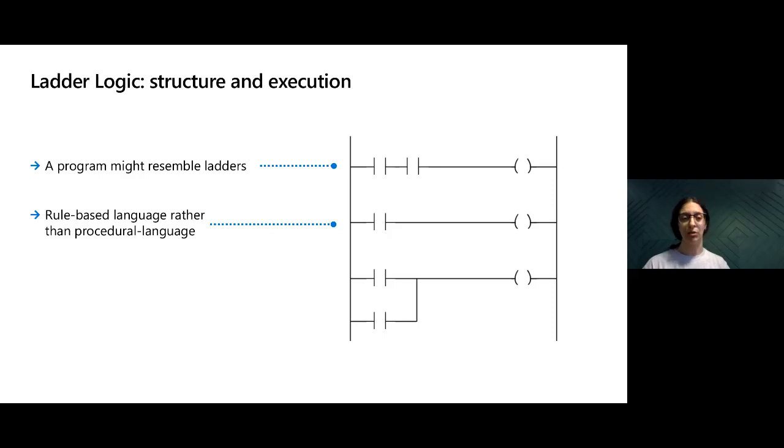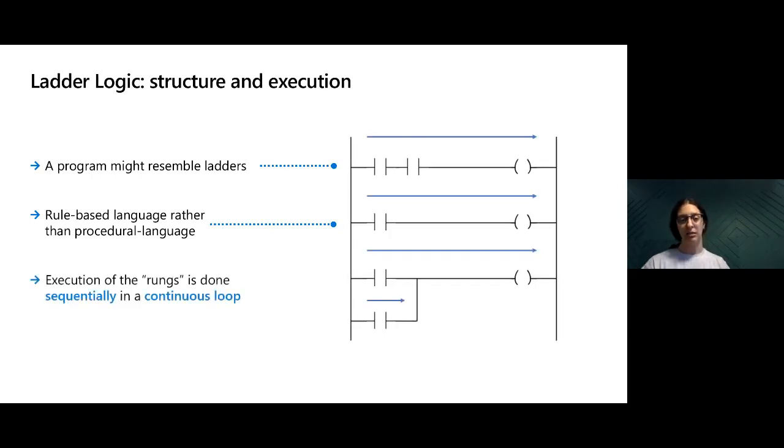In the execution aspect, the software is responsible for executing the multiple rungs of the program, and it does that sequentially in a continuous loop. When the execution is fast enough, the user gets the effect of a parallel and immediate execution.